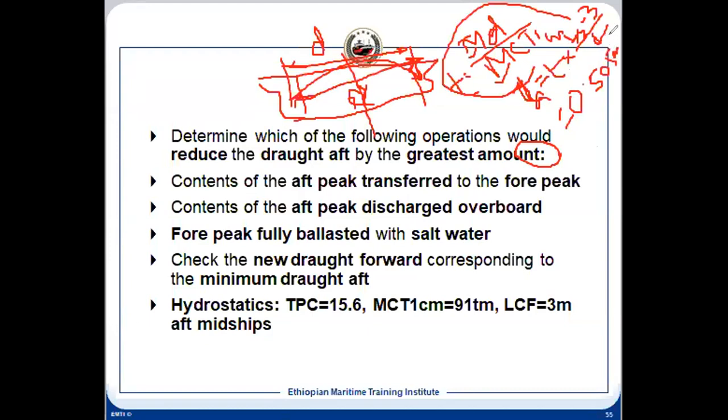So now there is no bodily rise, no bodily sinkage, because we have not removed any mass or added any mass on the ship. So this will be our dA final will be dA initial minus, because these are shifted from here to here, this will be minus our 0.505.